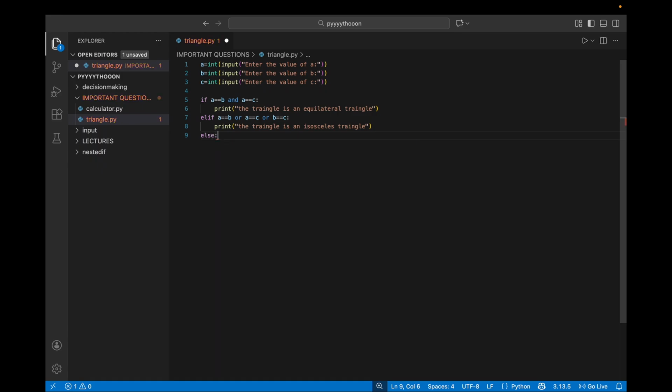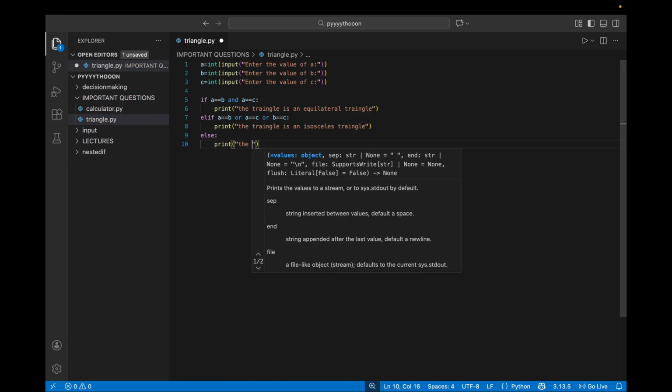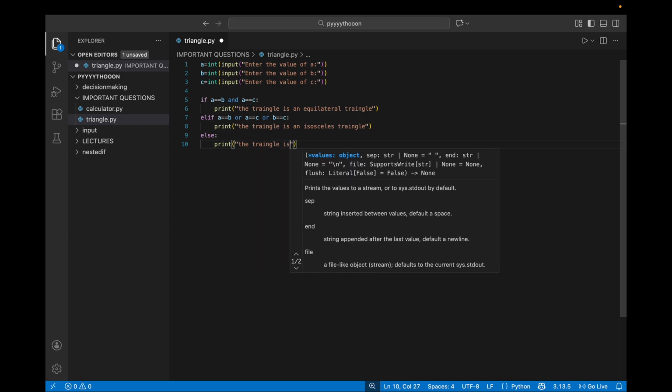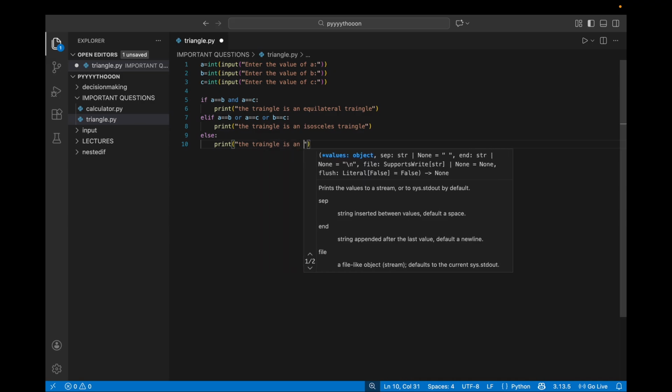Else print the triangle is a right angle triangle.